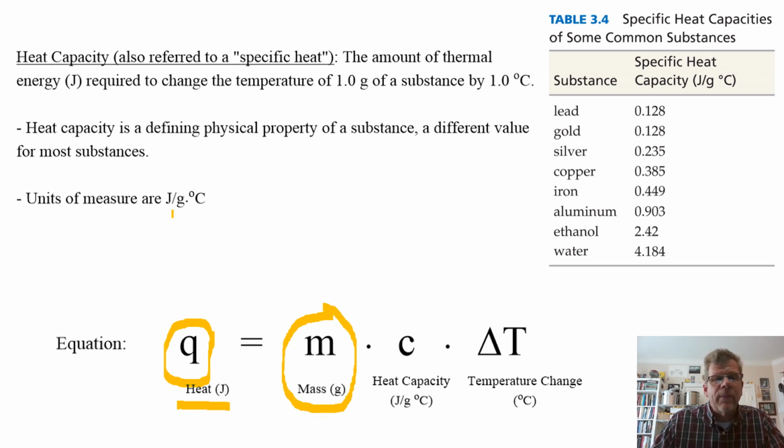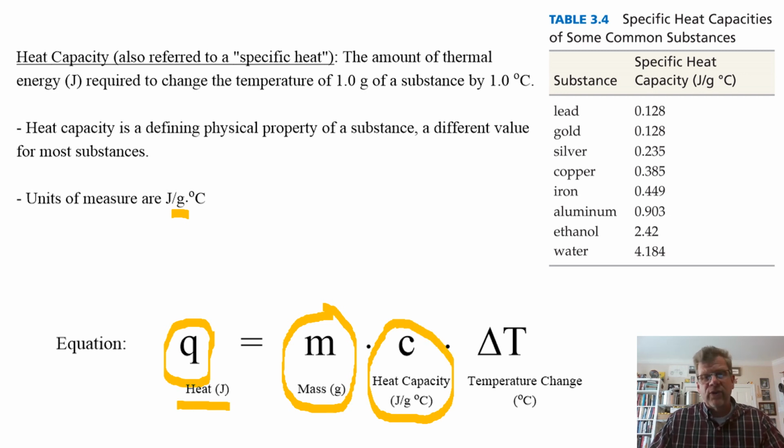Again, there's that grams term up there. Mass in grams times its heat capacity, which, for a pure substance, is a known defining physical property, given as lowercase c here, times delta T.